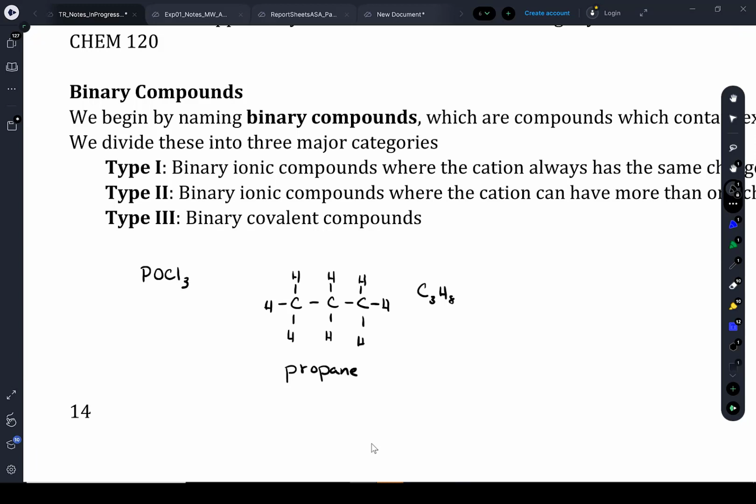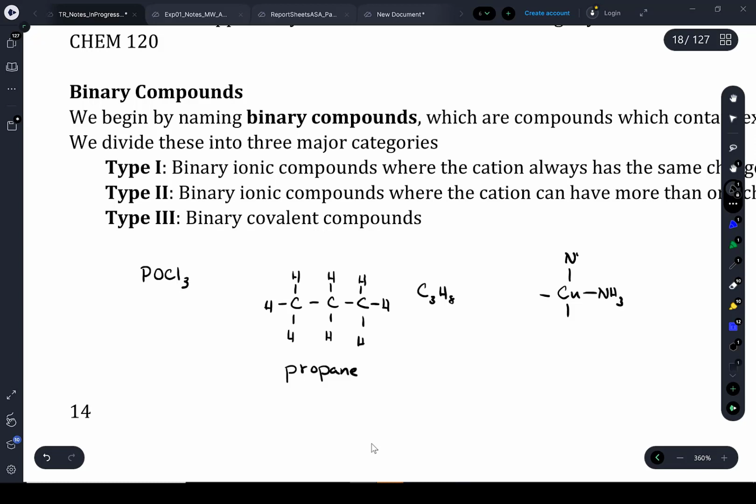So anyone else know any other chemicals that end in ane? Methane, good, so natural gas. How about you at your gasoline tank? Octane. Yeah, so those have their own naming rules. And also we'll get into compounds like this, which we'll be making this semester.